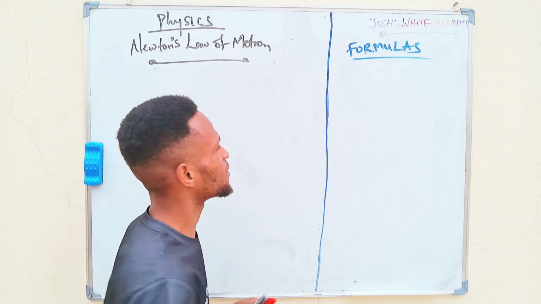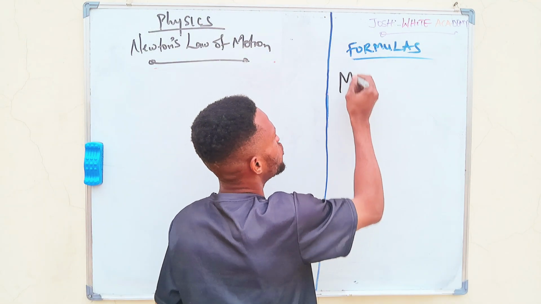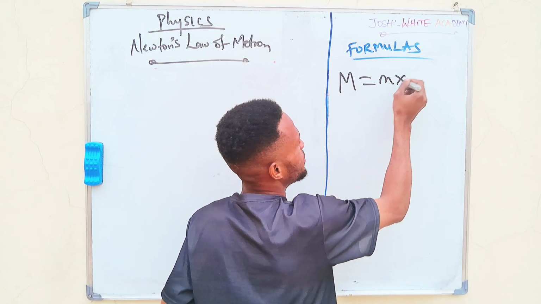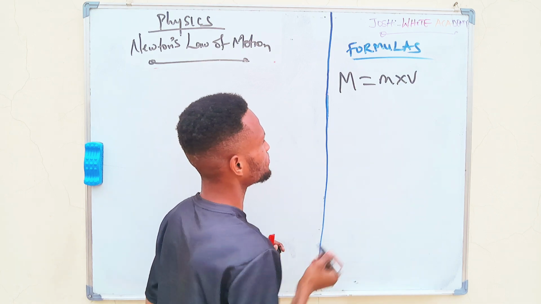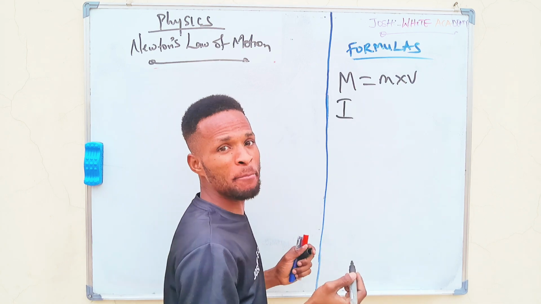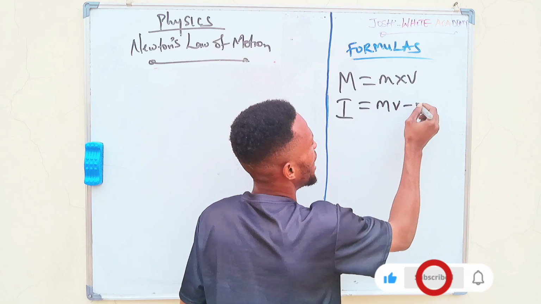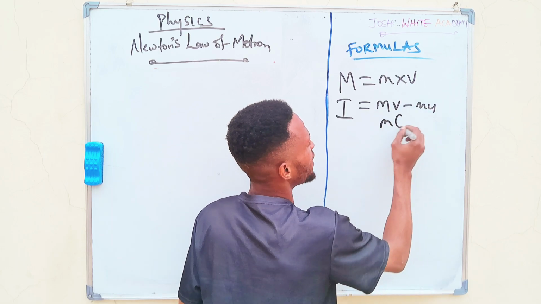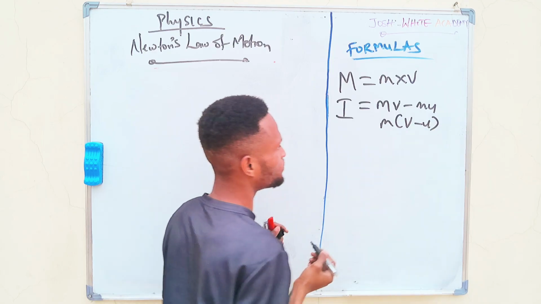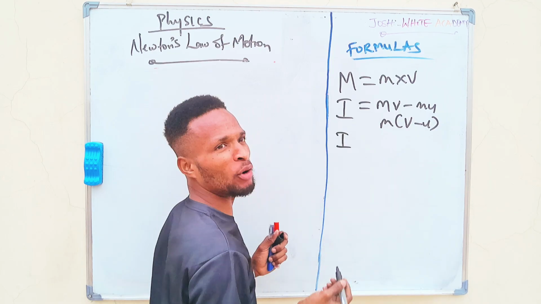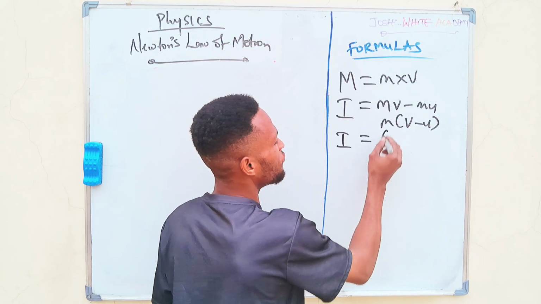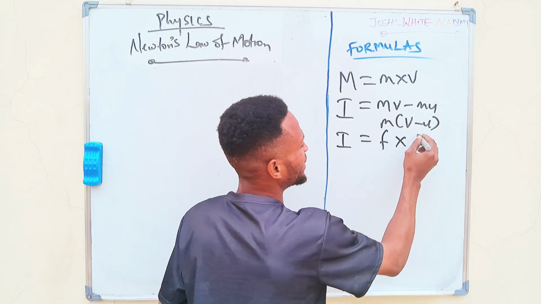So formulas: our momentum is mass multiplied by velocity. Our impulse is the change in momentum, mv minus mu, which is m(v minus u). Also, our impulse is the product of force and time.